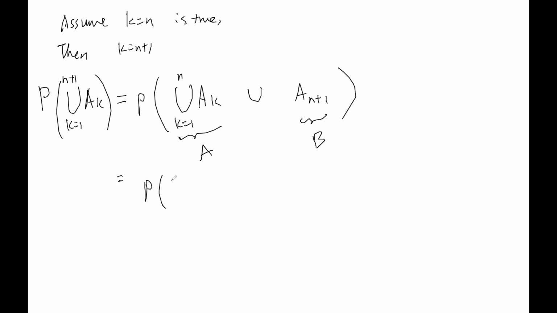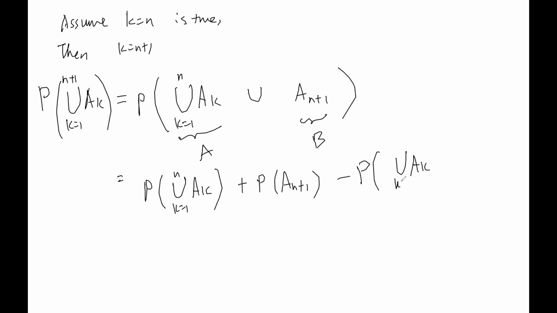So this will be P of union AK plus P of A n plus 1 minus P of union AK intersect A n plus 1.